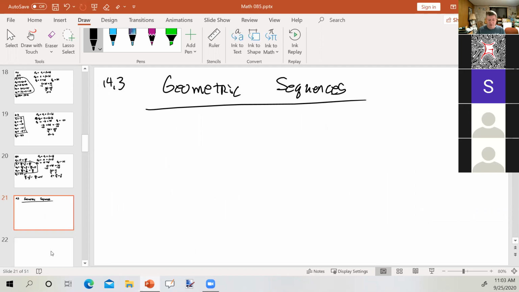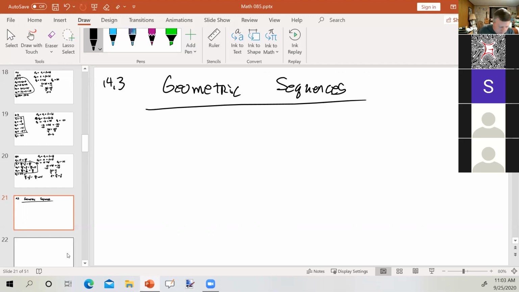In a geometric sequence, you start with the first term and you multiply by what is called a common ratio. So you take the first term times a common ratio to get the second term, times a common ratio to get the third term, etc., etc.